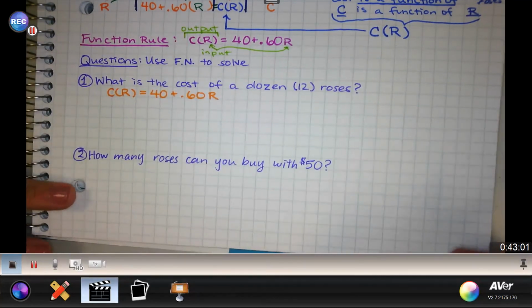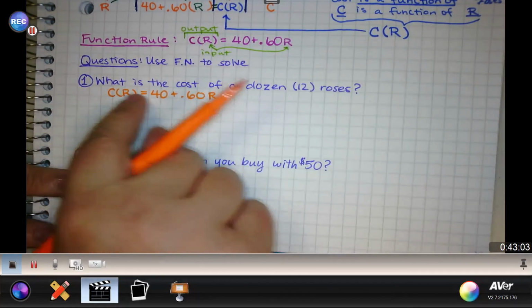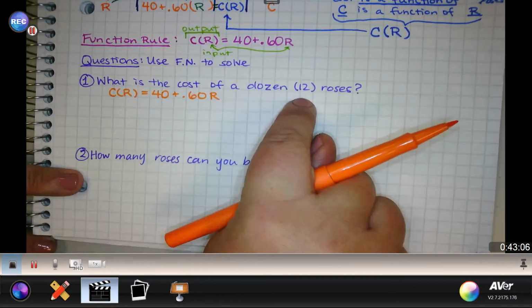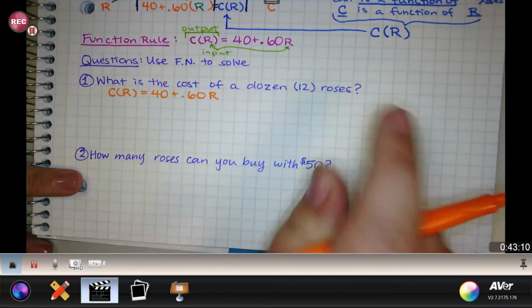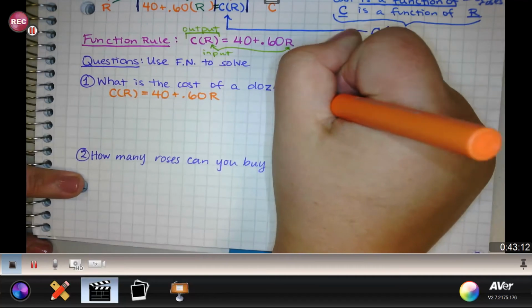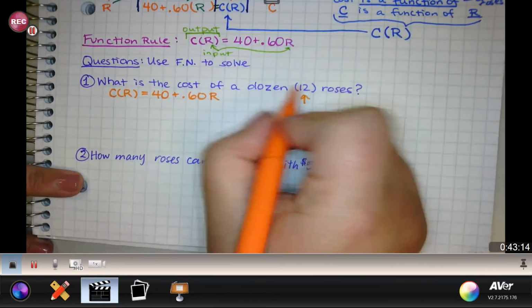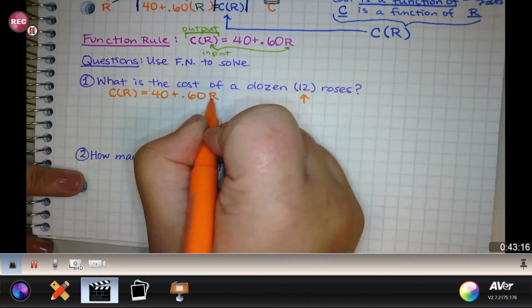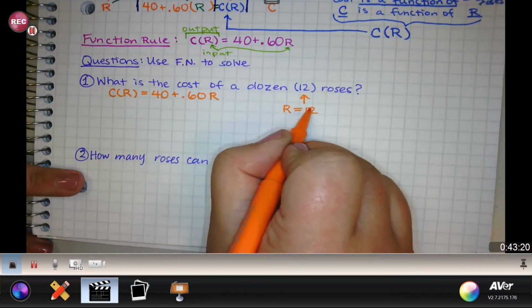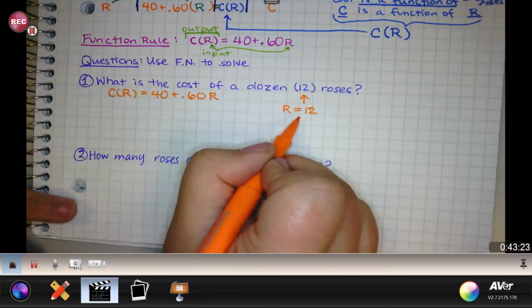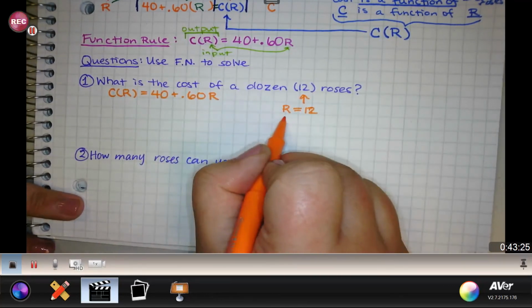Because I know I need to use it, so I'm just going to bring it here. Then the question is, what is the cost of a dozen, 12 roses? I added this because I wanted you to know that a dozen was 12 if you weren't sure already. What they're giving me is the number of roses. And remember, R represents the number of roses. So R equals 12. So what that means is I'm going to make this my input.